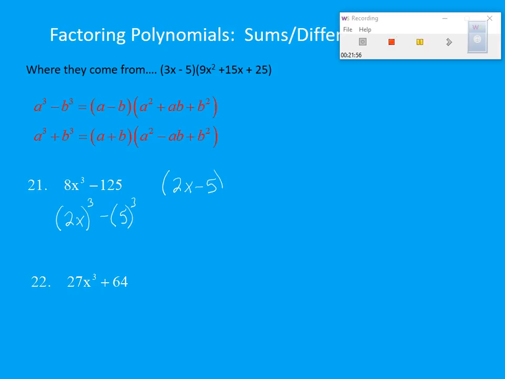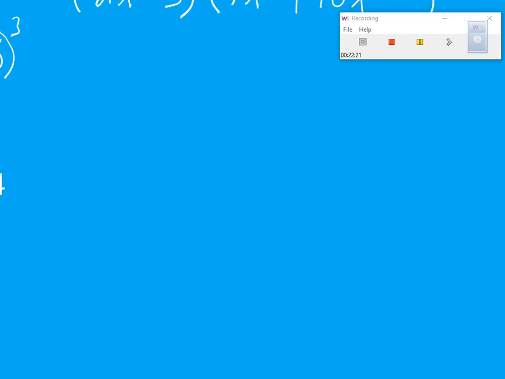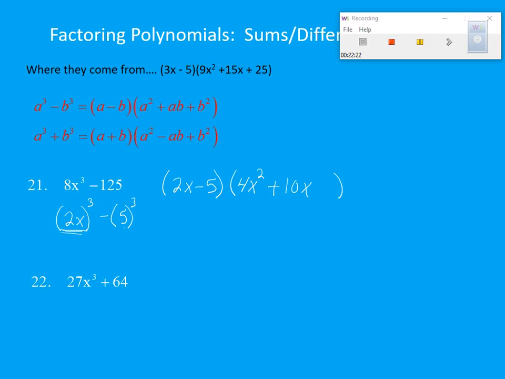That's my binomial. My trinomial becomes this first term squared. So I got 4x squared. I have a minus here, so I'm going to have a plus here. Always the opposite. My middle term is going to be this times this. So I've got 10x. Then my last term will always be positive, and it'll be that term squared. So I've got plus 25.